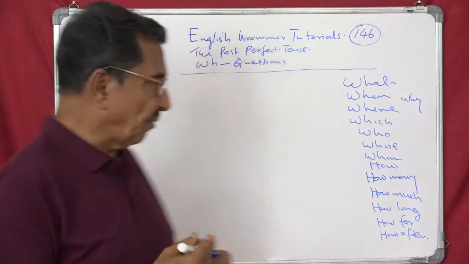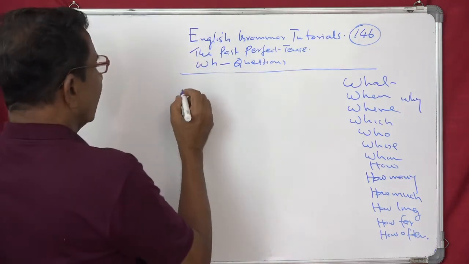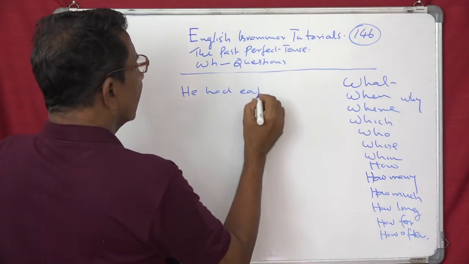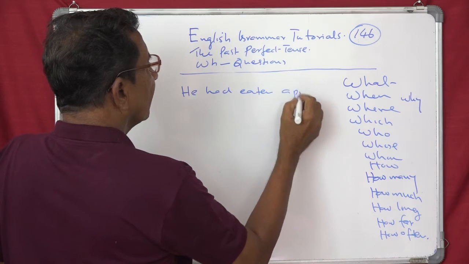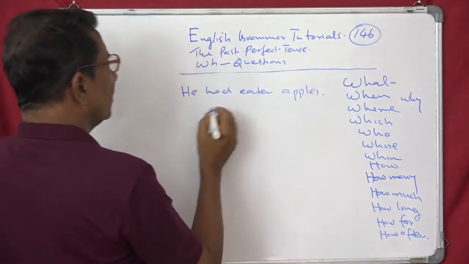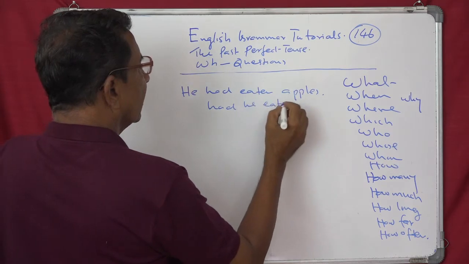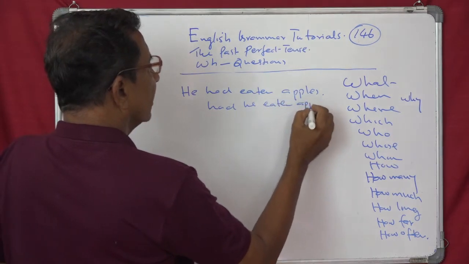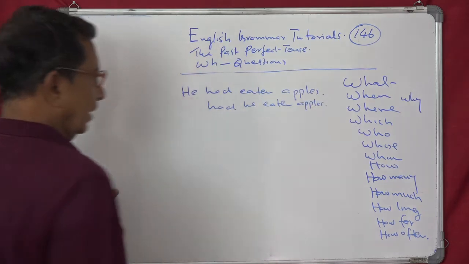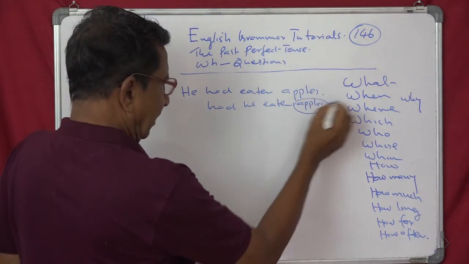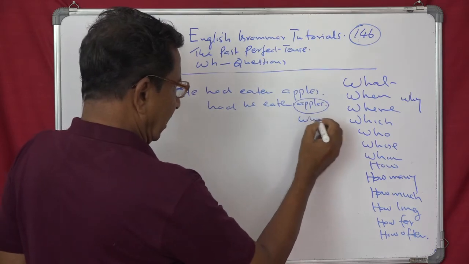Isn't it? See, for example, we say he had eaten apples. Now the yes or no question will be: had he eaten apples? Now you want to get apples as the answer. The appropriate question word is what.